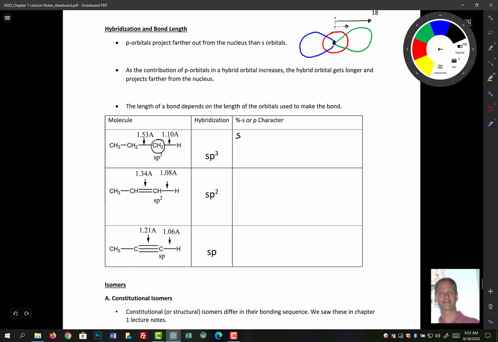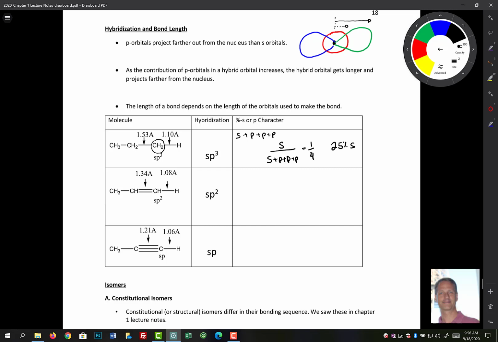That sp3 is made up of an s plus a p plus a p plus a p. And we have 1 that's s. And then overall, there's 4 orbitals, right? So it's s divided by s plus p plus p plus p. So down here below, we have an s plus a p plus a p plus a p, which is 1/4, right? Which comes down to 25% s character.